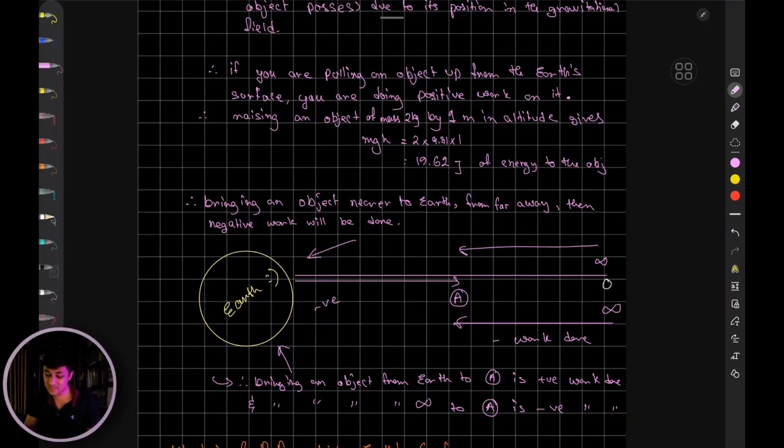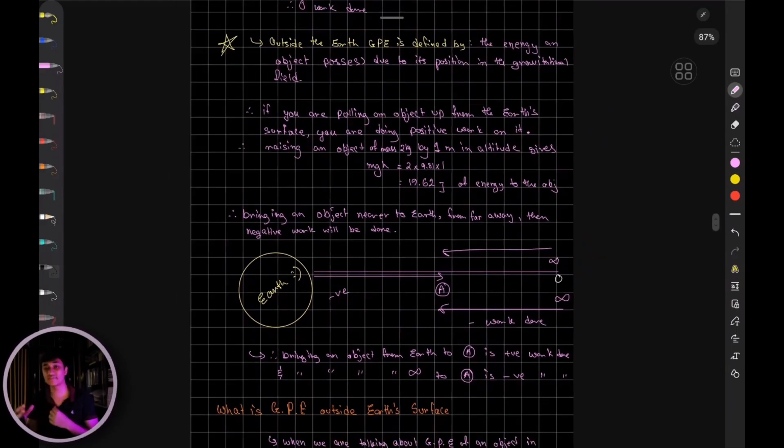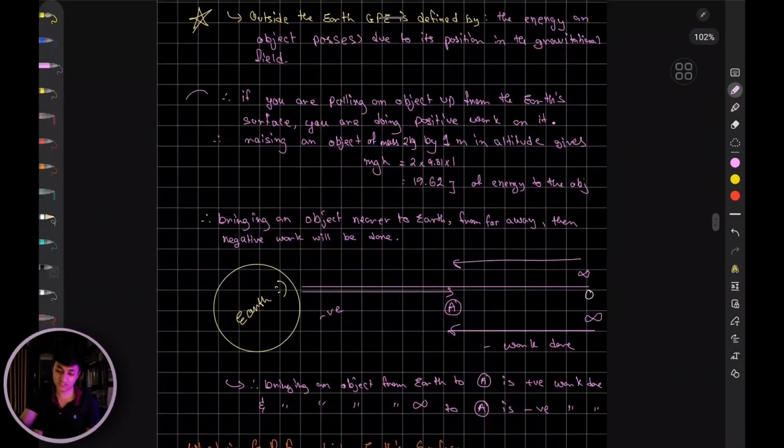However, when you move it away, you need to provide or transfer energy, in which case positive work is done. And bringing it from infinity to near the surface, negative work is done, because the work is done by the gravity of the mass. Therefore, the gravitational potential energy is always what? Negative, right? So that is the main purpose of this whole explanation: near the surface, gravitational potential energy is negative, and always the gravitational potential energy is negative.